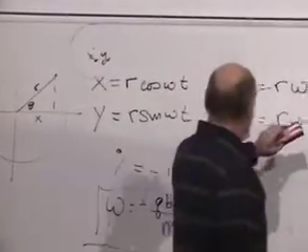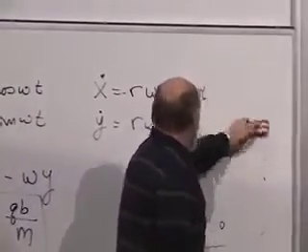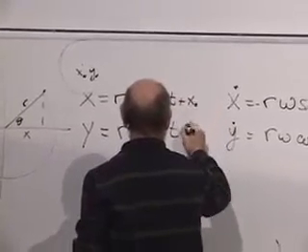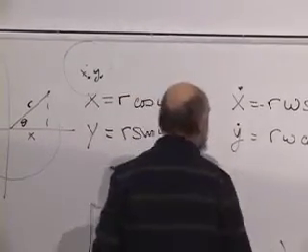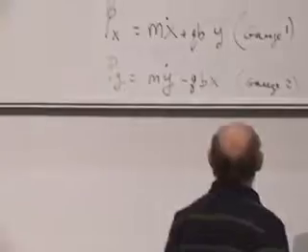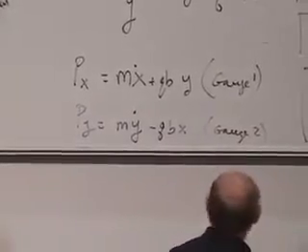You're absolutely right. It's a good thing you caught me before I did it. Here, plus x naught, plus y naught. That doesn't change x dot and y dot at all. Okay, let's calculate what m x dot plus qby is.